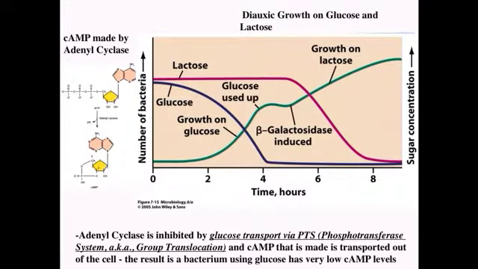Now, you didn't think we were done with the lac operon yet, I hope. So the lac operon is what we're going to use as an example to show how catabolite repression works. And as we go through these remaining painful steps of the lac operon, remember that this catabolite repression is not simply affecting the lac operon.